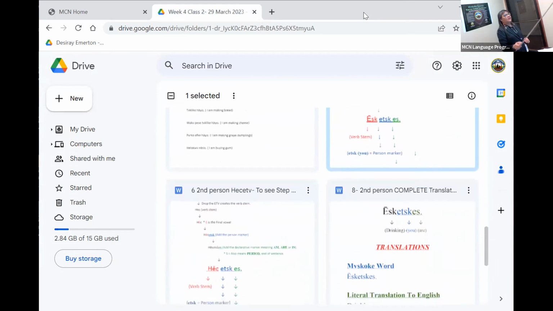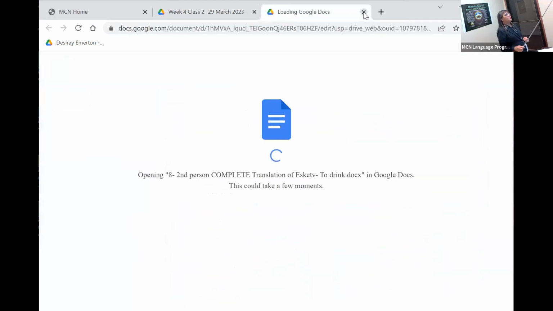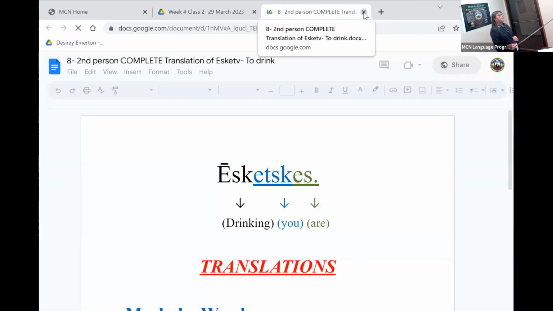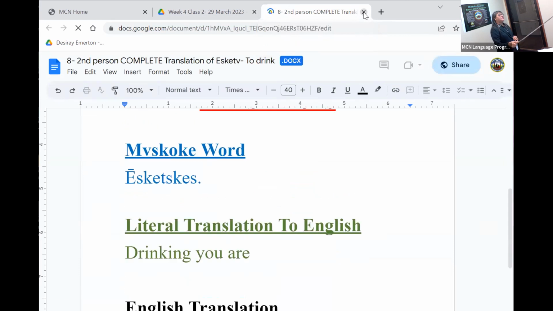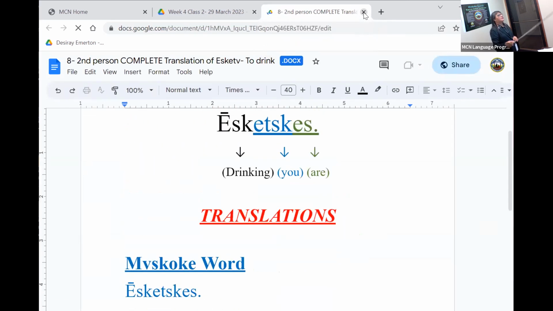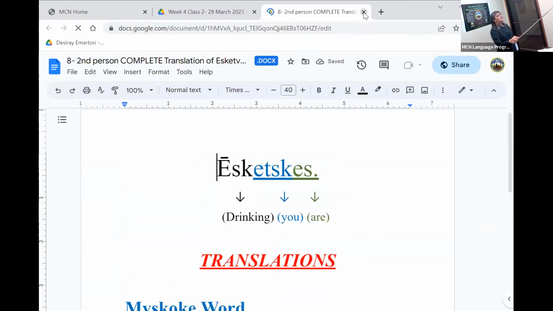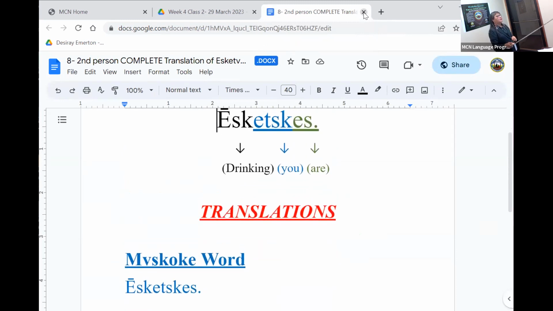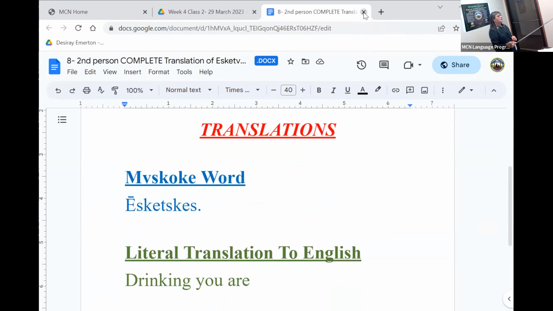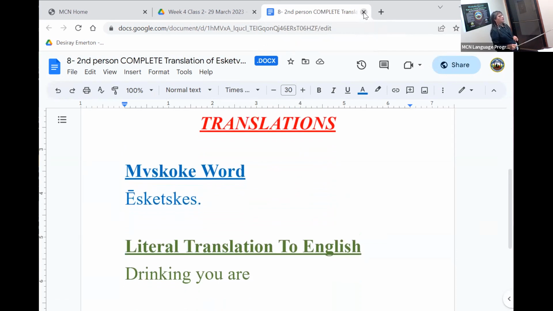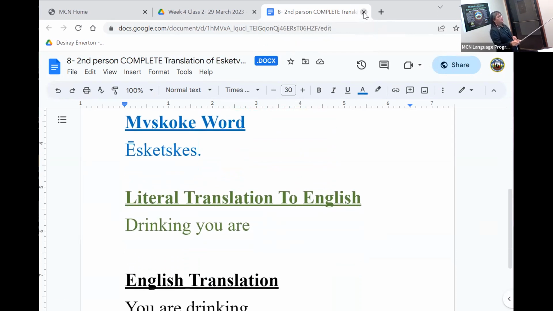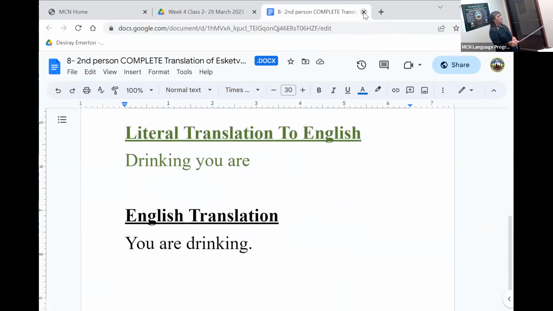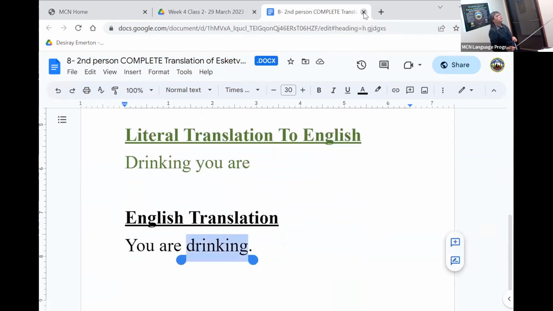All right, so here it's broken down again as the translation. Iskitskis. Drinking, you are. You've got your Mvskoke word, your little translation to English, drinking, you are. In your English translation, you are drinking.